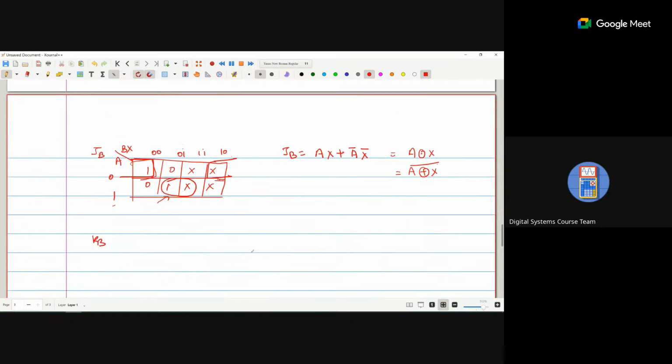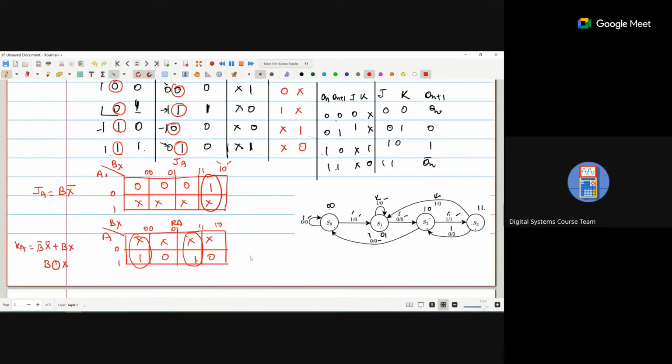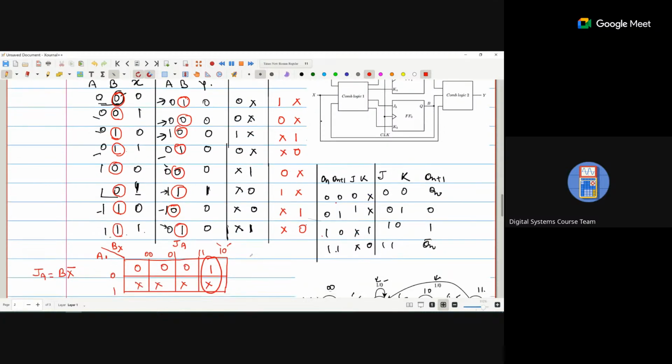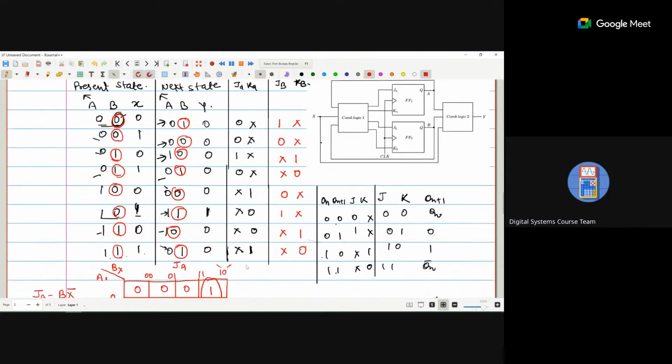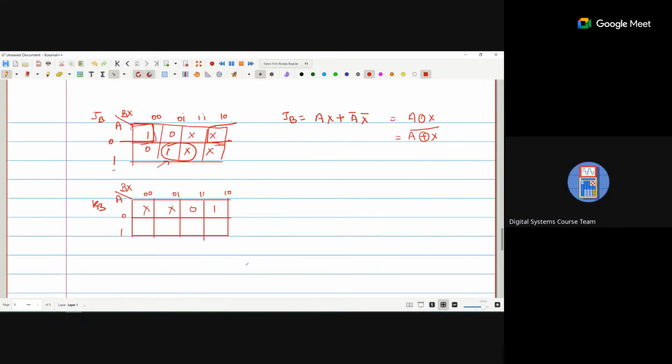Similarly for the KB, A, 0 0 0 1 1 1 1 0 0 1. Now it is cross cross 1 0, cross cross 1 0, cross cross 1 0.